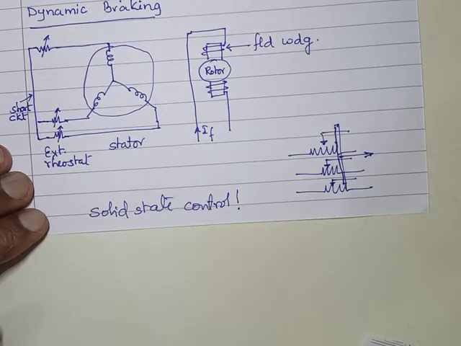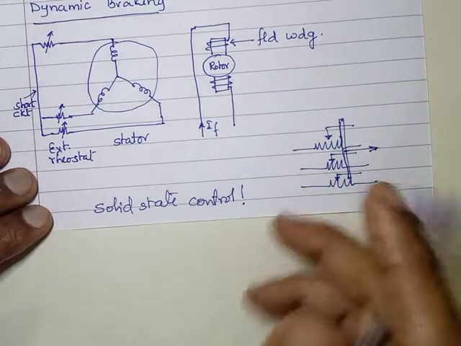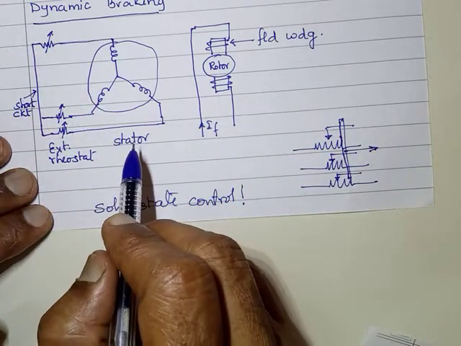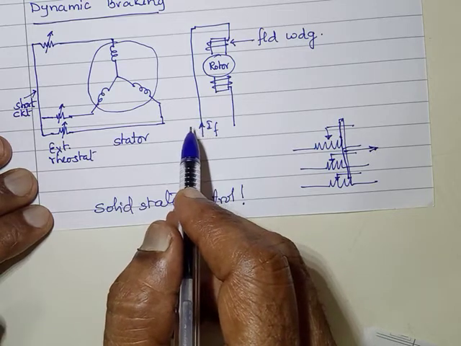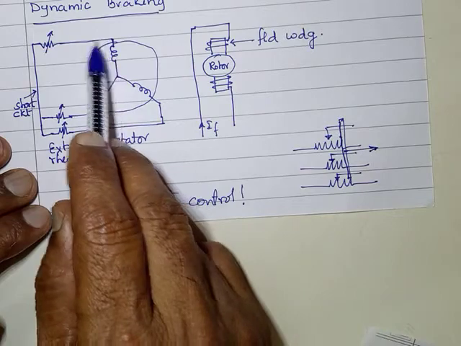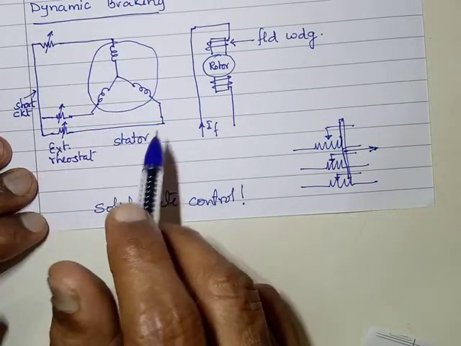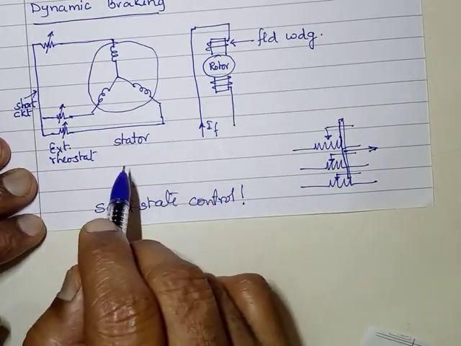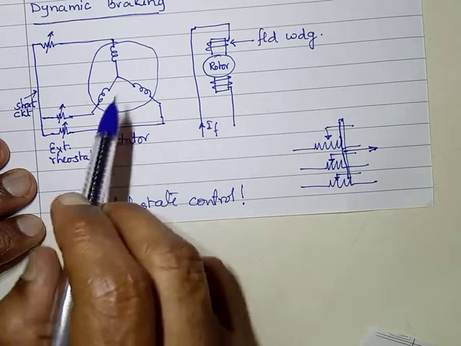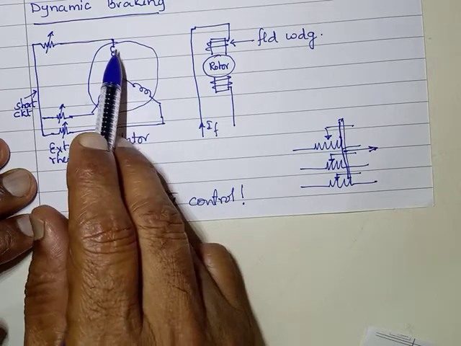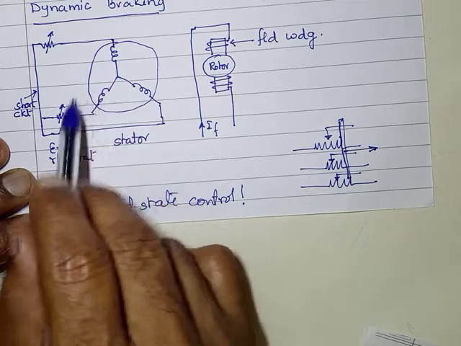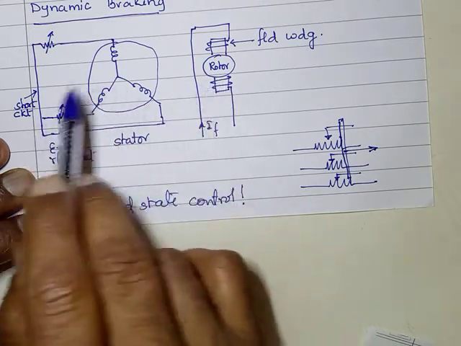Solid state control. Okay, so now whether this or this will help us in changing the rate of braking and the control over the current in the stator windings. Of course, the method has an issue, that is the energy is lost. Energy stored in the motor is lost.